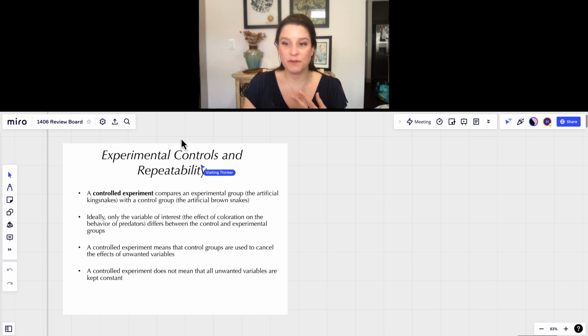It just means that you have groups there that you're able to compare to see, when I change this factor, what happens? Well, you can't just change that factor and have nothing to compare it to. You have to have a group that doesn't have the factor changed, or a group that has a factor changed in a way that you know the outcome.